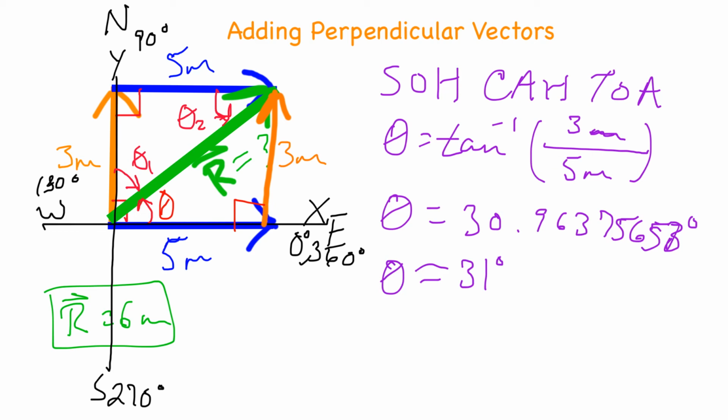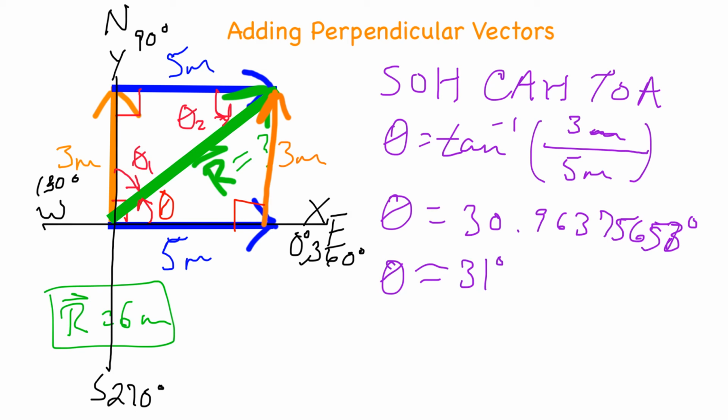So let's go ahead and describe it based on this theta 1 here. Alright. Notice how the arrow is pointing down and away from north, and it's pointing towards east. So we would know that it would be east of north. Whatever the angle is going to be east of north.